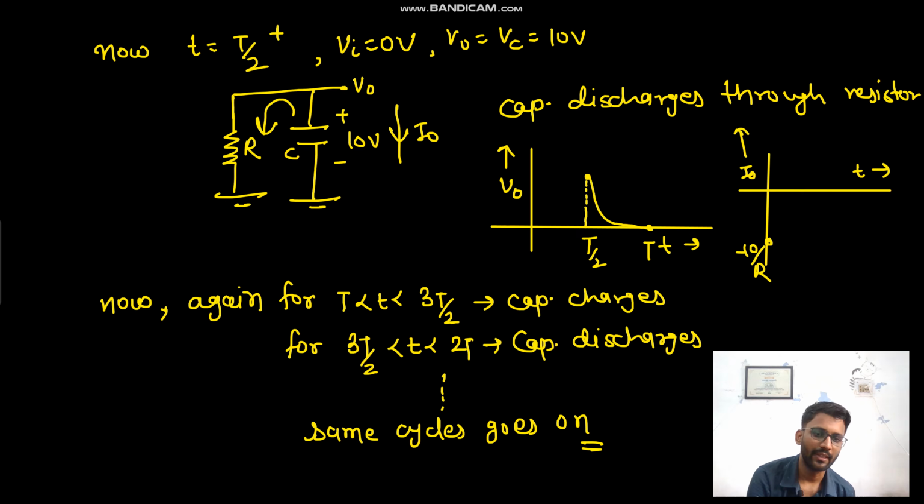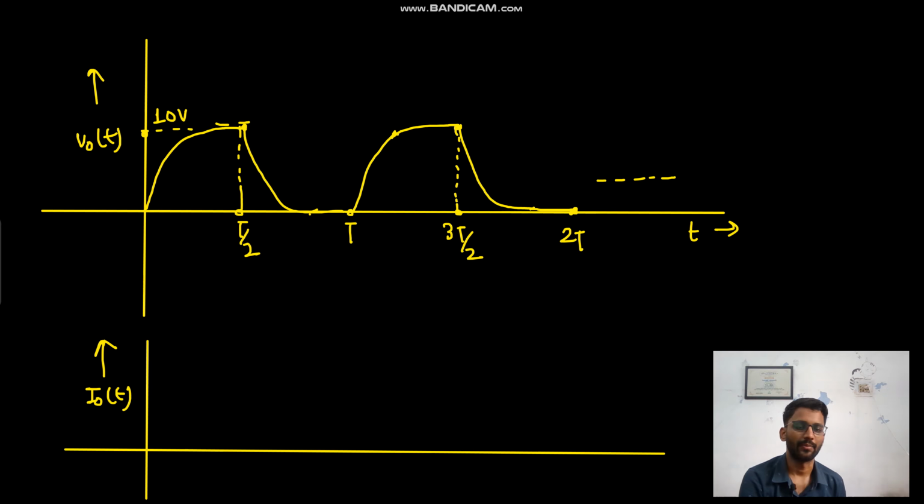And slowly the complete capacitor gets discharged. So this will be the waveform, but I shouldn't draw it from here, I should draw it from here. So it's completely discharged. This is time T, and this is T by 2. So it starts from minus 10 by R and it discharges completely. So it will go something like this.